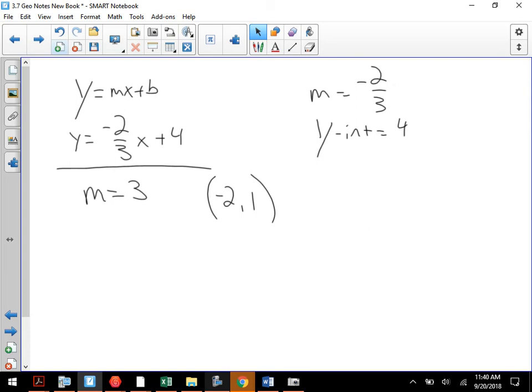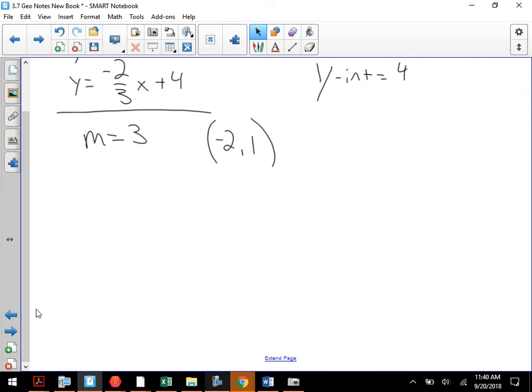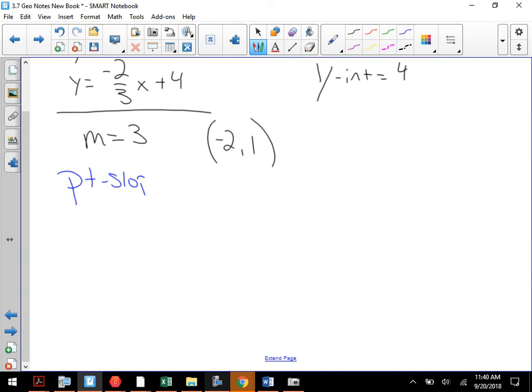Vaguely? So there was this thing that you used last year. It's called point slope form, where it literally works with a point and a slope. And it looked like this.